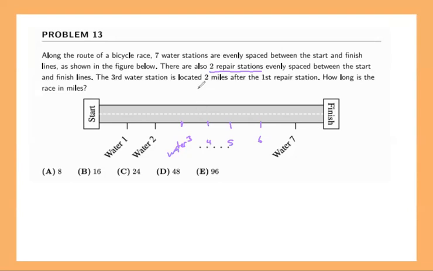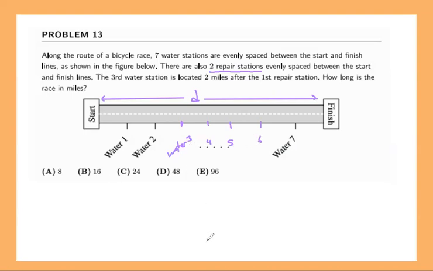Be careful because we have 1, 2, 3, 4, 5, 6, 7, 8 spaces between the start and the finish line. If I call the whole distance D, that is what we are looking for, by the way. So between the start line and the finish line, I'm going to name it D. You can call that 8X because we have 8 equal spaces.